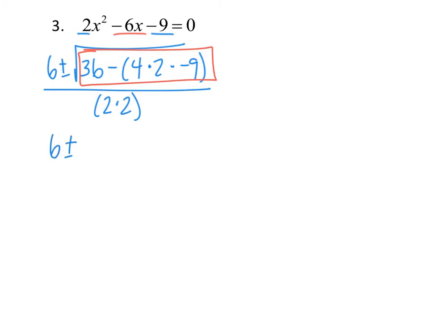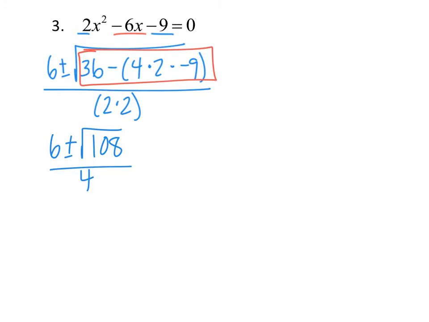So 6 plus or minus the square root of 108 all over 2 times 2 on the bottom is 4. So we have a positive number, so I'm going to have real answers, and it's not 0, so I'm going to have 2 answers. So we can put that square root of 108 into the calculator and get a decimal.